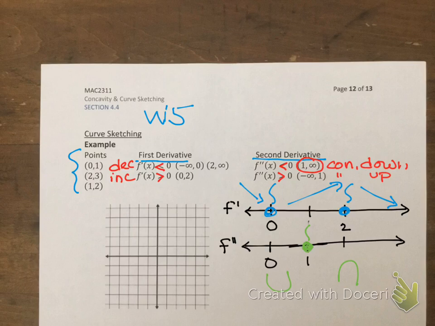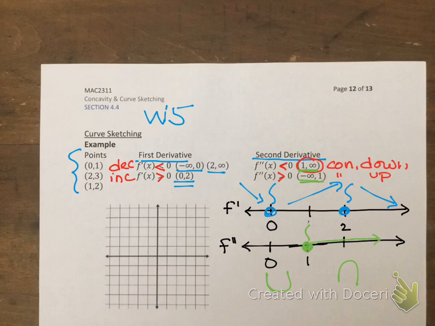Did your number lines look like mine? On your first derivative number line, you are decreasing from negative infinity to 0 and from 2 to infinity. And then you are increasing from 0 to 2. Your second derivative, you are concave down from 1 to infinity.